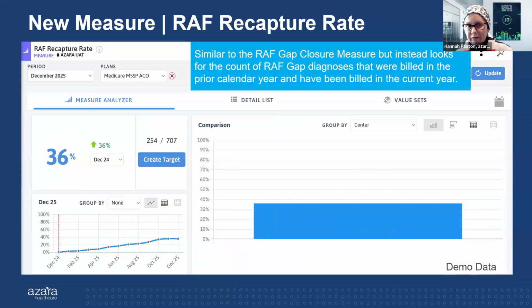We also have a measure that is your recapture rate. And so this is going to be the count of RAF gap diagnoses that were billed in the prior calendar year and have been billed again in the current year. So that's another one to look at as well.